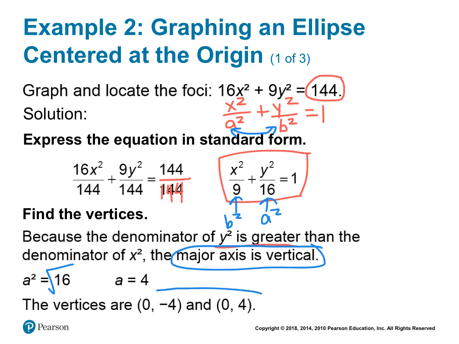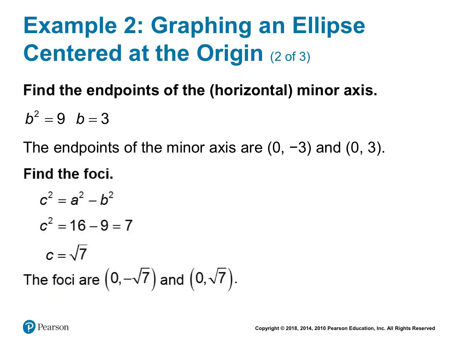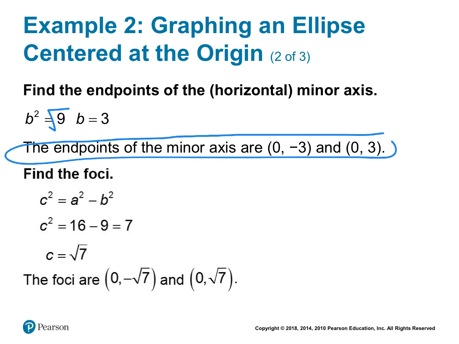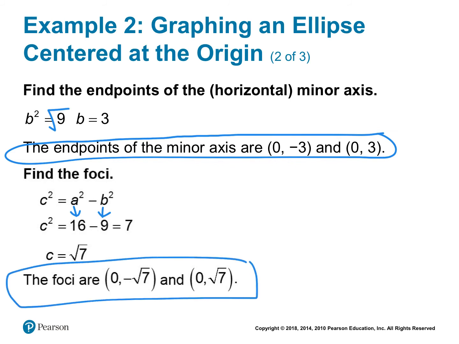So we get these for the vertices. And then our other number, we had to do square root of 9 to get these for the minor axis endpoints. And then we just replaced our a squared and b squared to get c squared equals 7. Take the square root and you get these coordinates to plot for the foci.